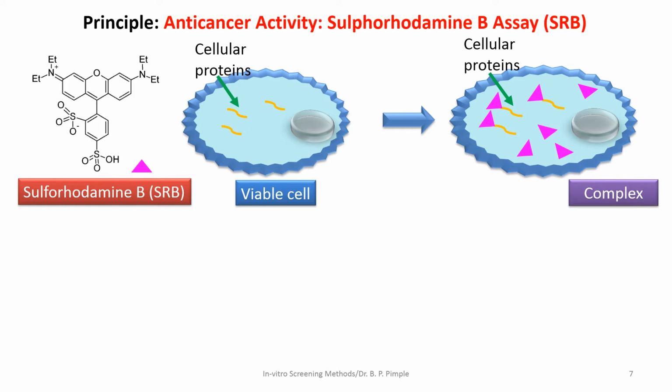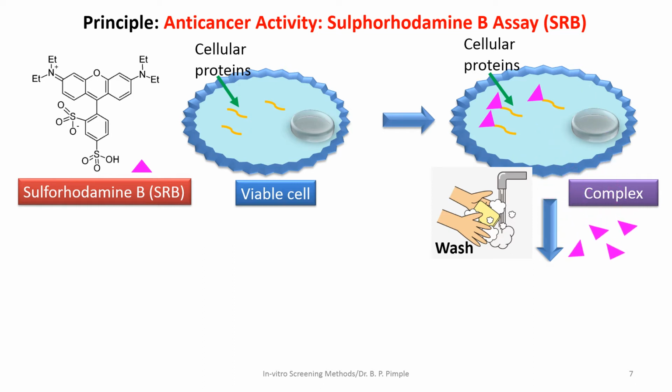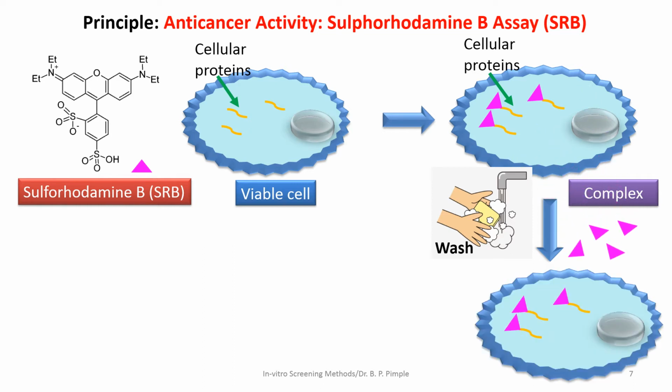The excess dye is to be washed off with acetic acid solution. After taking out the excess dye, the cells have a proportionate amount of dye, proportionate in the sense that the number of proteins and the number of dye molecules are proportionate. Here we have seen about 1:1.